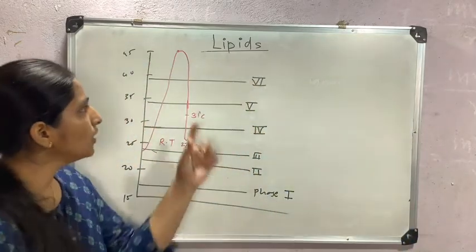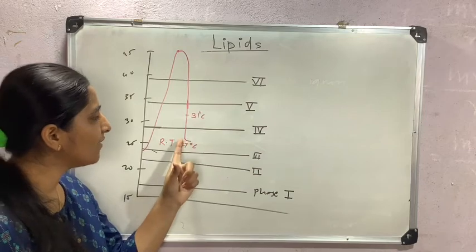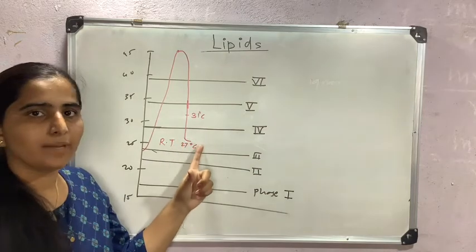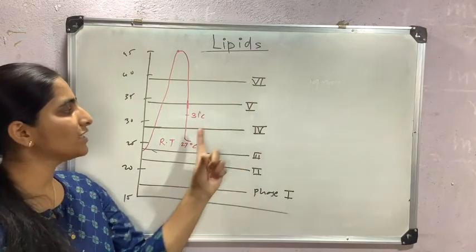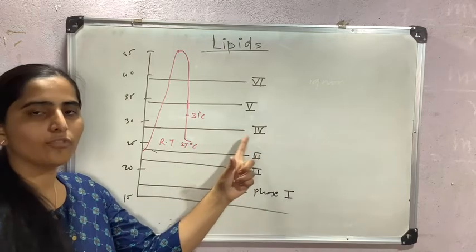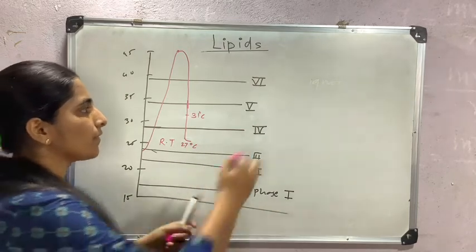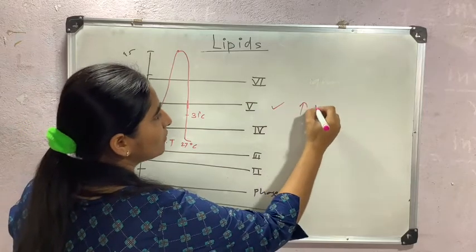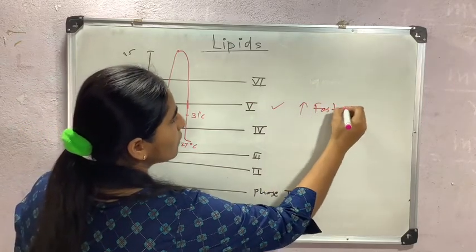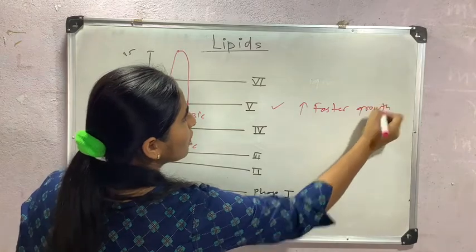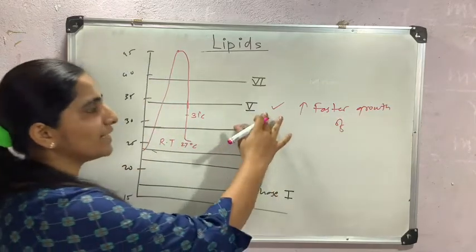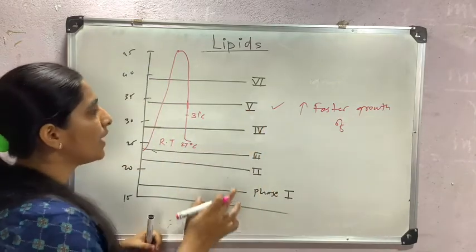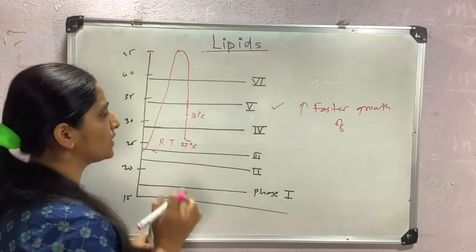Suppose you cool melted chocolate to 27 degrees Celsius, there will be faster growth of phase 5 crystals, that is the desired seed crystals, and slower growth of phase 4 crystals.